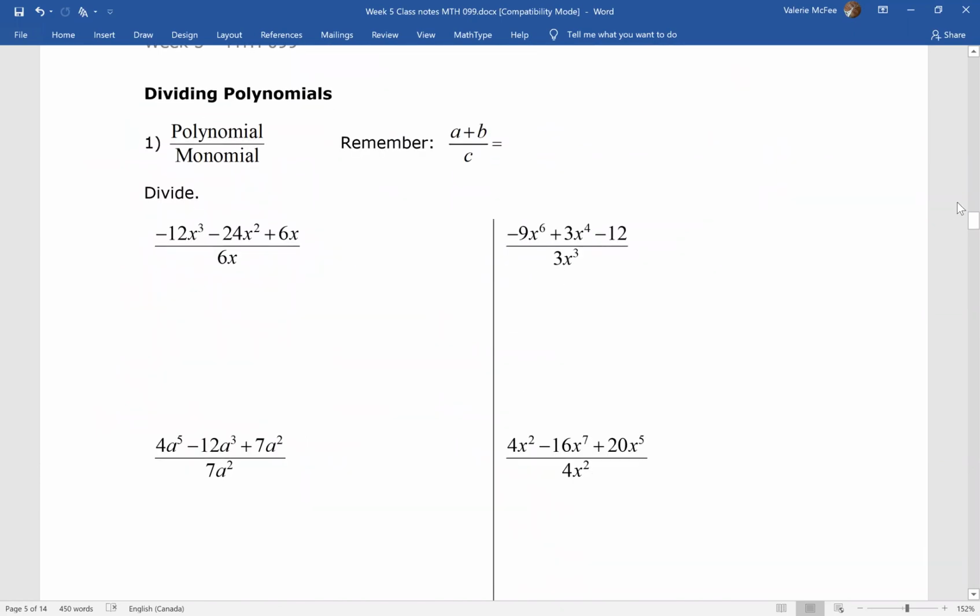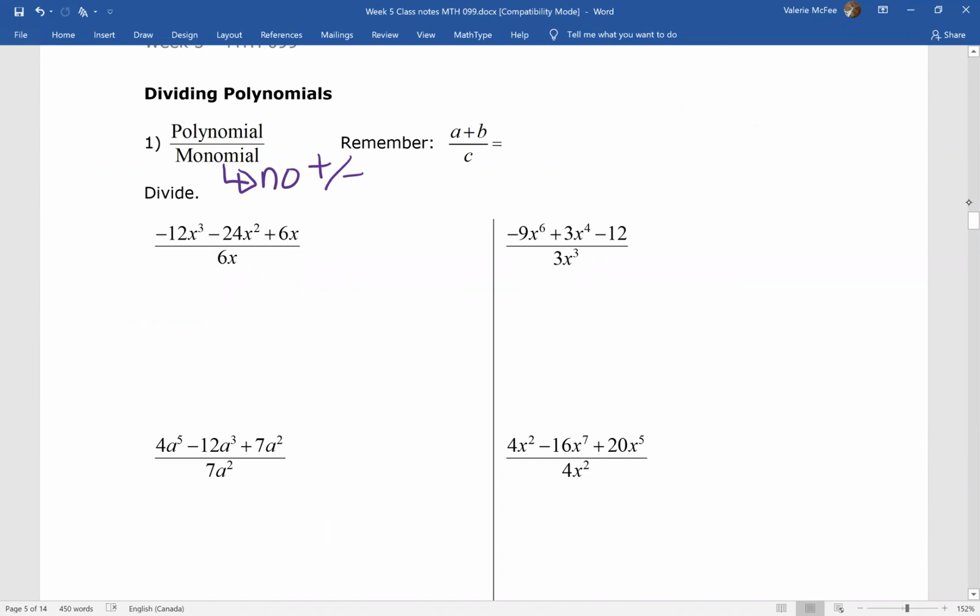The last thing I want to talk about in this lecture is dividing polynomials by a monomial. A monomial, remember, has no adding and subtracting in it. So we're just dividing a polynomial by a monomial.